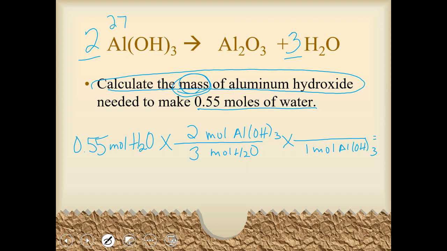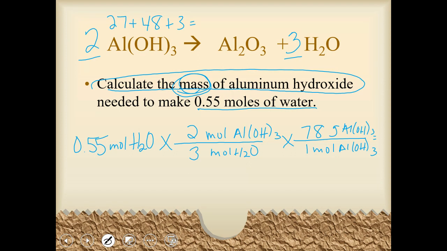Aluminum is 27. 3 oxygens, 3 times 16 is 48, and 3 hydrogens at 1 each. So 27 plus 48 plus 3, that is 78 grams in a mole. To get my answer, 0.55 times 2 divided by 3 times 78.